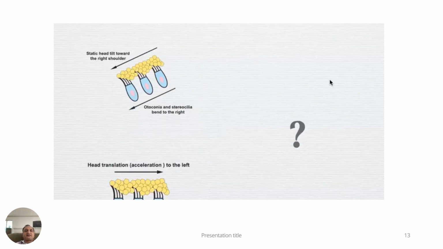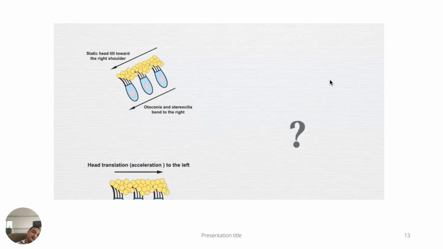Similar to the semicircular canals, here also movement towards the kinocilium will cause an excitatory response and movement towards the stereocilia will cause an inhibitory response. Thus, movement of the head in the horizontal direction causes bending of the cilia in the vestibule. Now, let us tilt the head sideways like this.